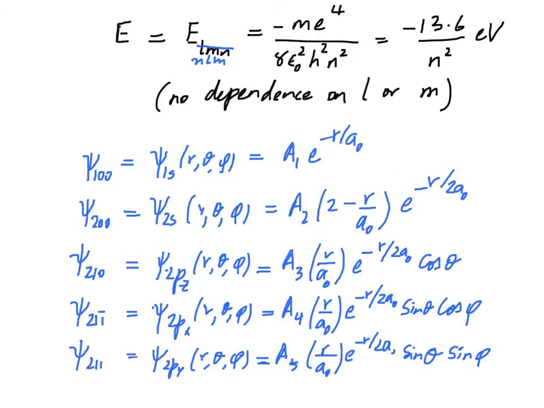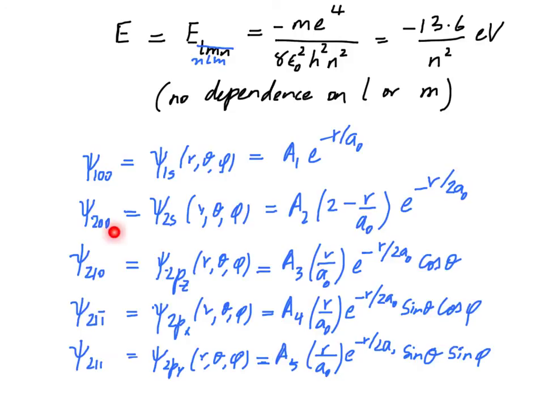When we move on to other values of the l and m quantum numbers, corresponding to a value of 2 for the principal quantum number, n is still equal to 2. Now l and m can take on values other than 0. So we get 3 possibilities, right? So when n equals 2, our l quantum number can take on values of 0 and 1.